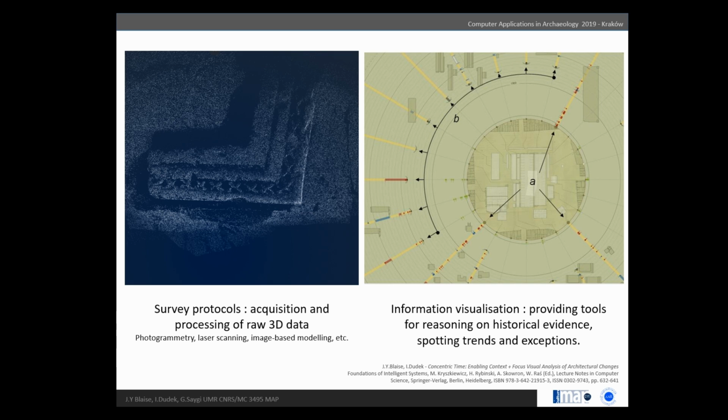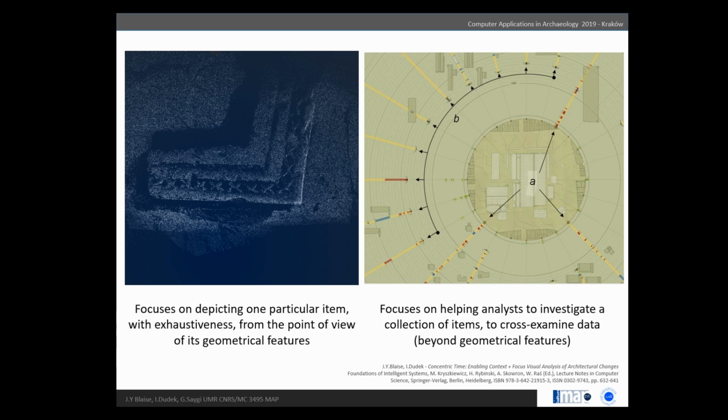What you see here are three exceptions, three edifices that remain until now on the market square. And what you see in black over here are the edifices that have been destroyed in the beginning of the 19th century. So to say it differently, what we do is, on one hand, focus on depicting one heritage item, and in particular from the point of view of its geometrical features.